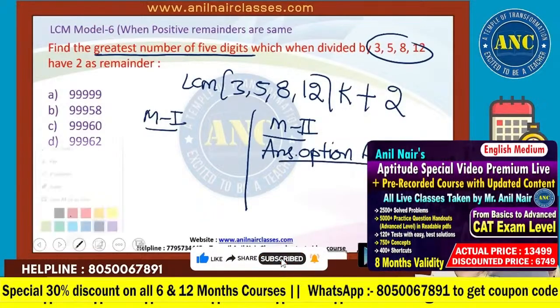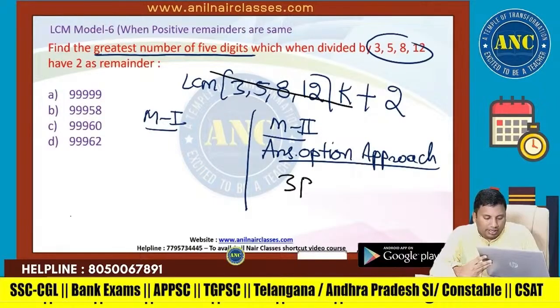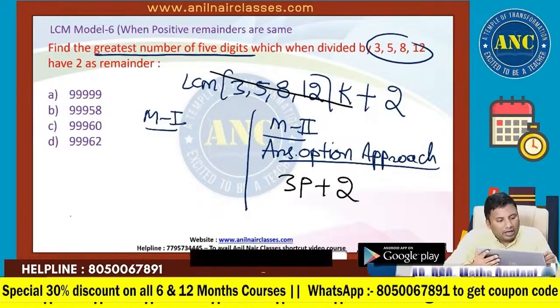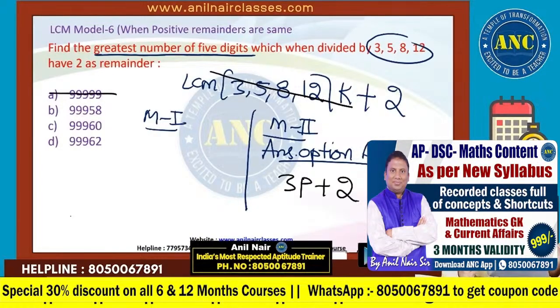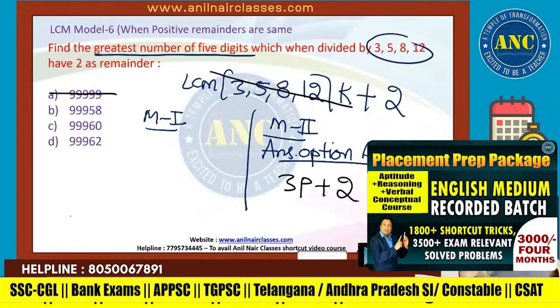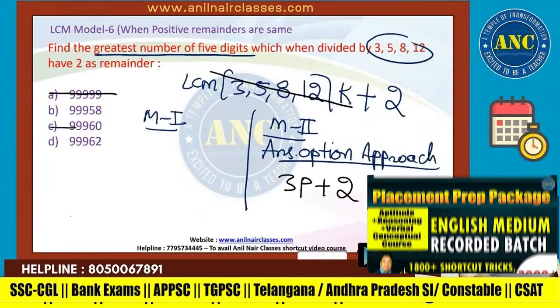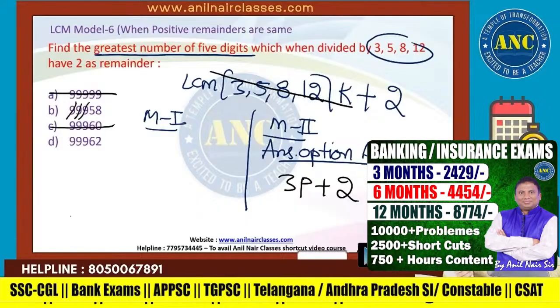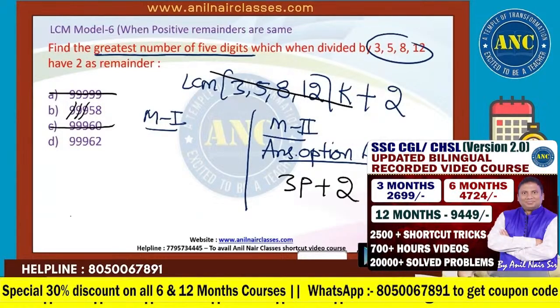Listen carefully. This is divisible by 3, so 3 into something plus 2. 99999 is divisible by 3: 9 fives are 45, and 45 is divisible by 3. 99996 is divisible by 3. 99927: 27 plus 5 is 32, 32 plus 8 is 40, and 40 is 3 into 13 plus 1.